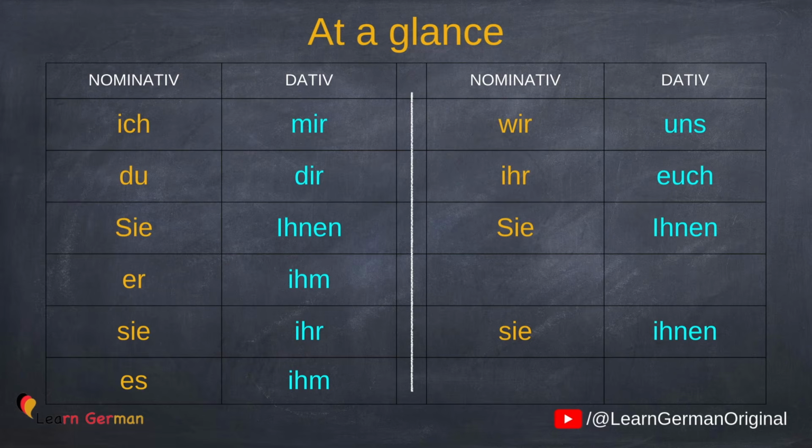A few tips to remember here. The dative personal pronouns for er and es are the same, that is ihm. The personal pronouns in dative for sie are always ihnen, but you have to remember only the smaller sie, the indirect sie, has the dative personal pronoun as ihnen with a small i.